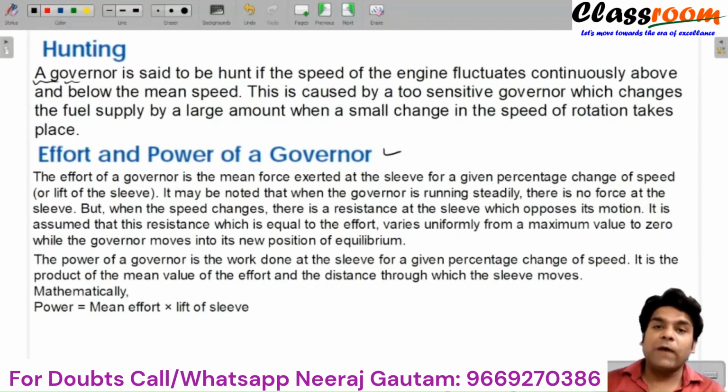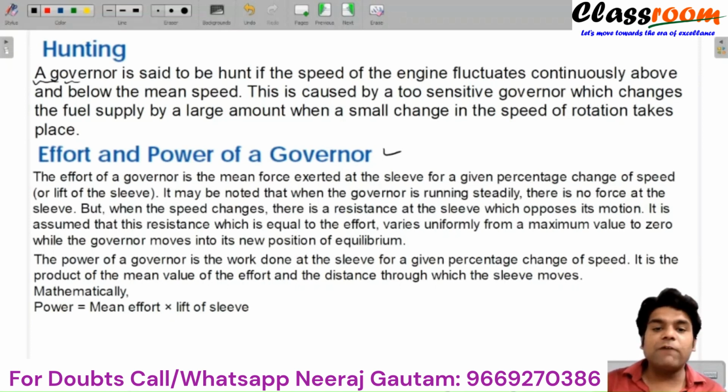When the governor is in a steady state, that means working at a constant speed, then the force exerted on the sleeve is 0. So no force is exerted on the sleeve when there is no variation in the speed.